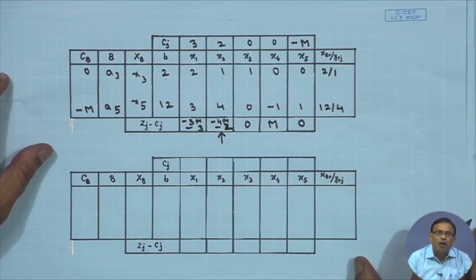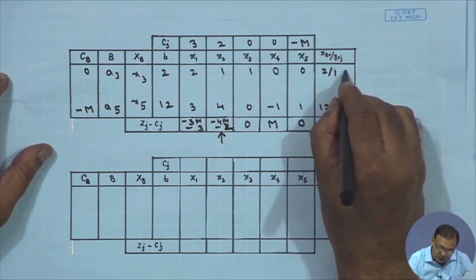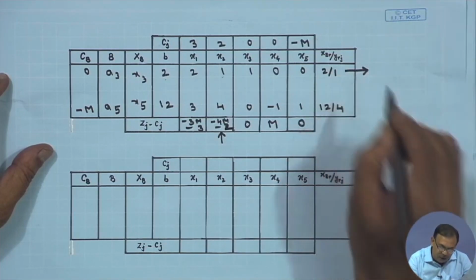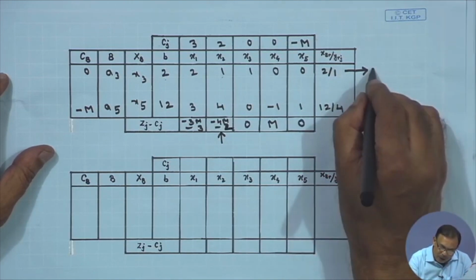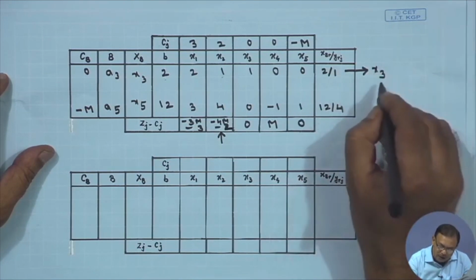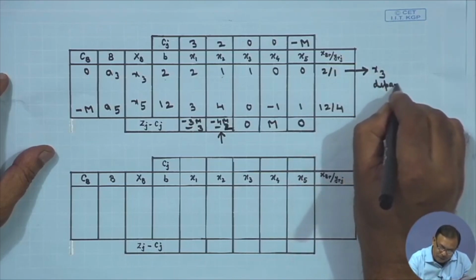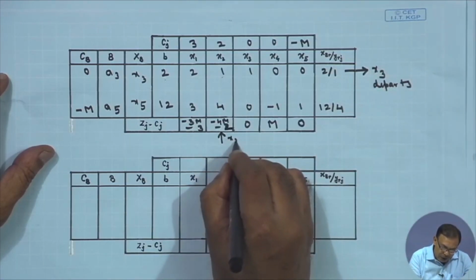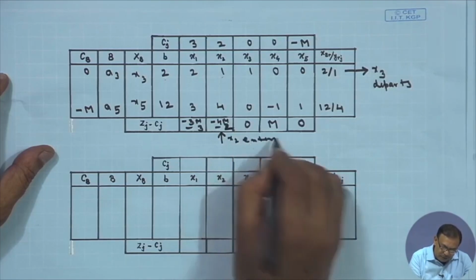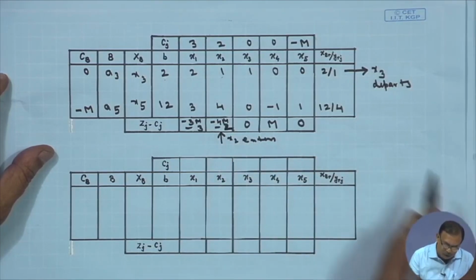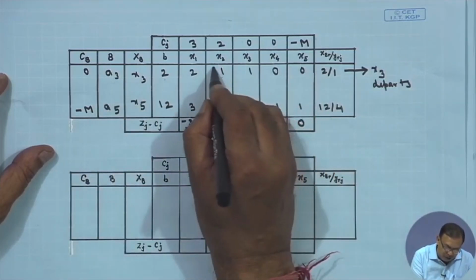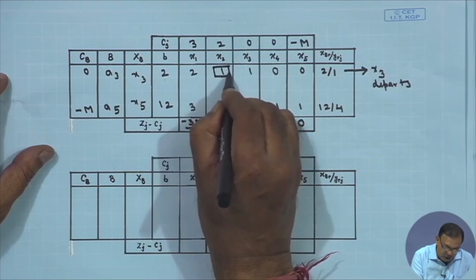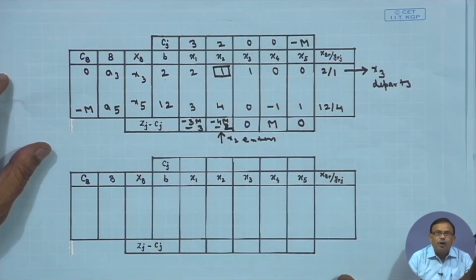That we have said is the minimum of these ratios. The minimum is 2 by 1, so x 3 is the departing variable and x 2 enters here. This column and this row intersect at this point, so your pivot element is 1.